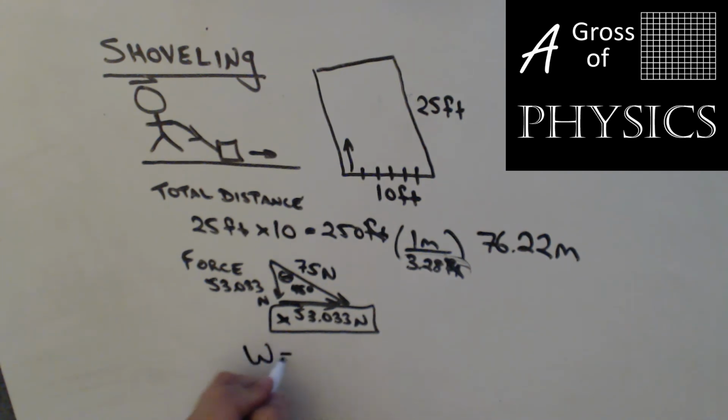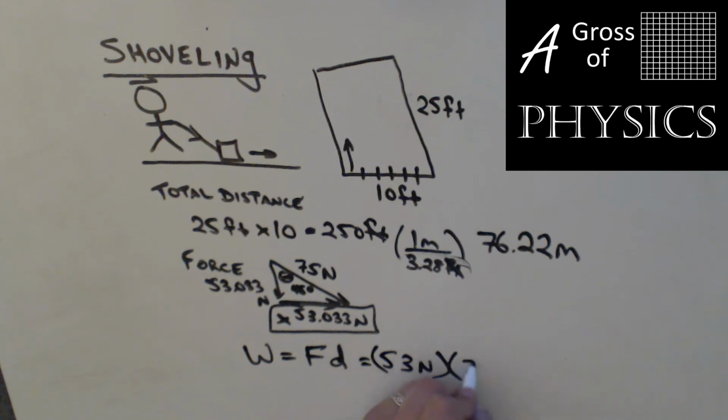Now, work, as we know, is force times distance. The force is 53. We'll just round it to 53. The distance was 76.22 meters. So 53 times 76.22 gets me a total amount of work of 4,042 joules.